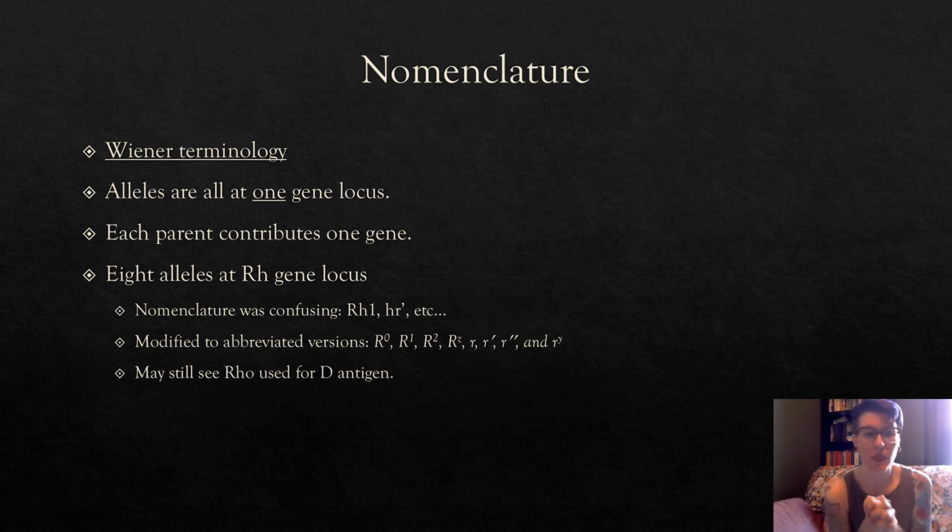So they had 8 different allele names, which have been modified because the original terminology was very confusing. The modified versions are RO, R1, R2, RZ, little r prime, little r double prime, and little ry.